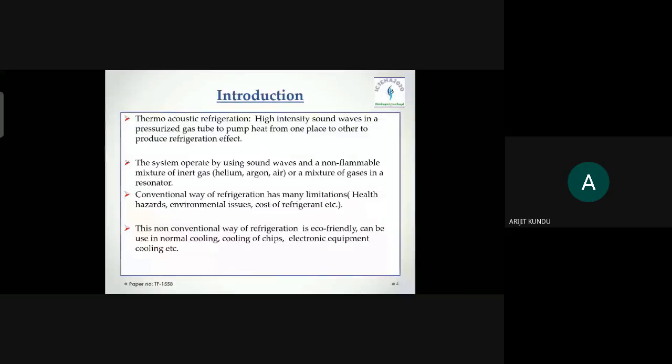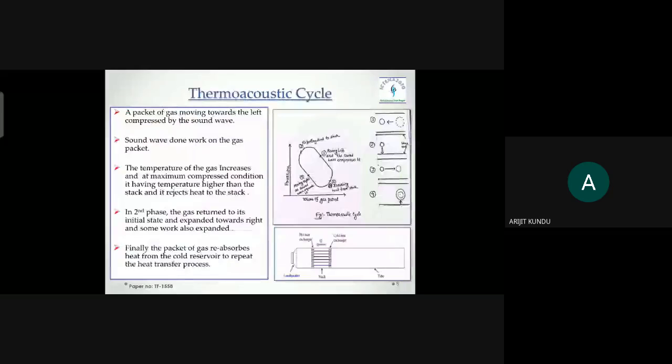So researchers are now looking for a new way of cooling, and in this area the thermoacoustic refrigeration system has already received significant attention from researchers. Thermoacoustic systems basically operate using sound waves and air or non-flammable gas mixtures in a resonating tube.